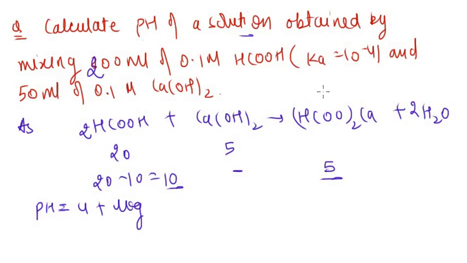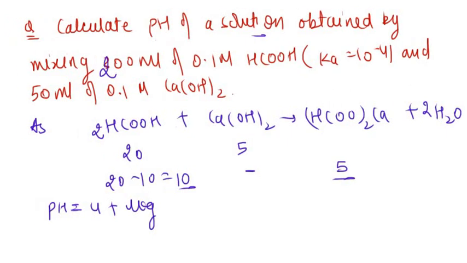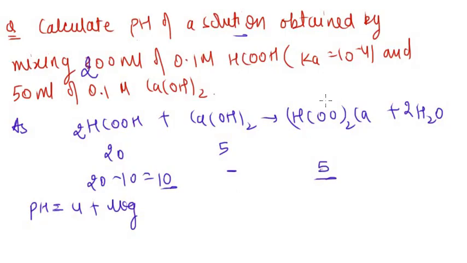Calcium hydroxide gives Ca2+, and it will form 2 moles of formate ion, HCOO minus. So 1 mole of this calcium formate will give 2 moles of this. So it will form 5 into 2 over 10. So pH comes out to be 4. So the pH of the solution is 4.